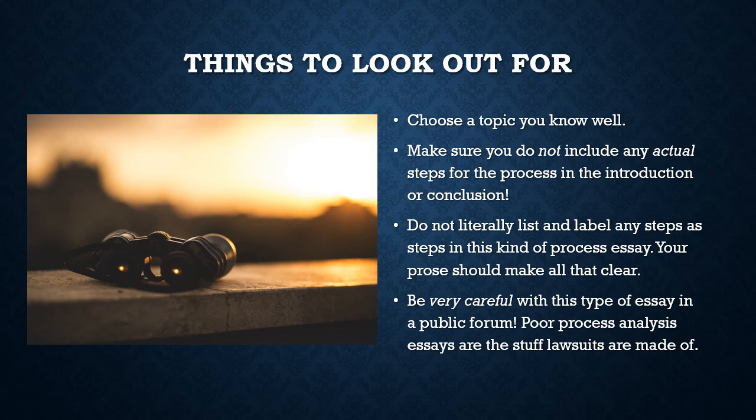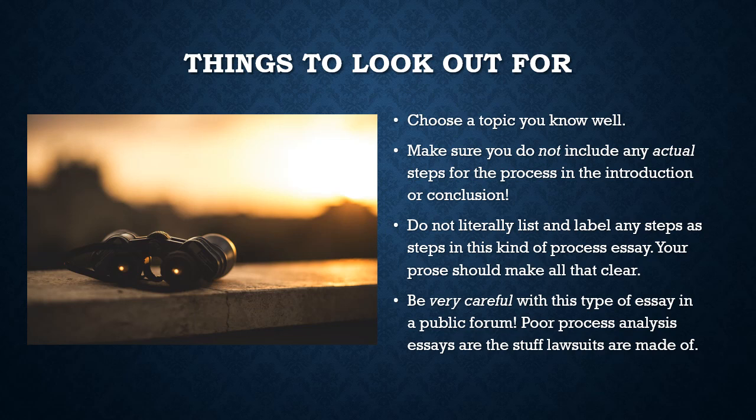Next, do not literally list off and label any steps as steps in this kind of process essay. Your prose should make all of that clear for you. So don't put a list in the middle of your essay that says step 1, step 2, step 3. Don't put that in your plan of development: step 1 is this, step 2 is that, step 3.